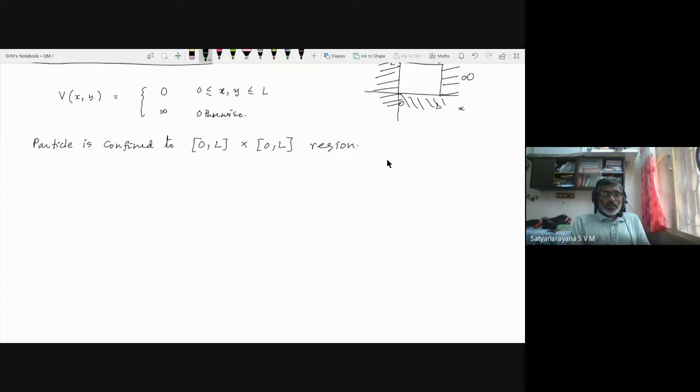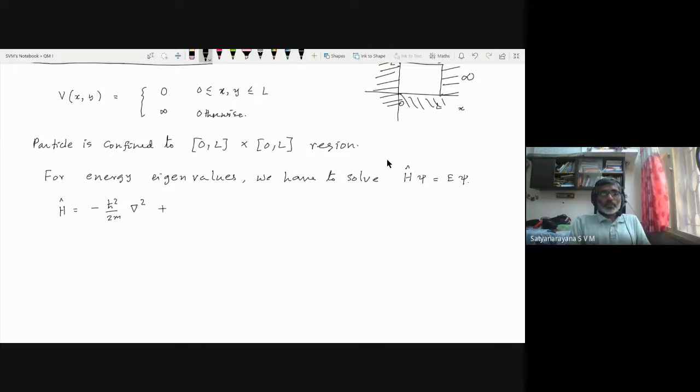For energy eigenvalues, we have to solve this equation, H psi is equal to E psi, where the Hamiltonian is given by minus h bar square by 2m times the kinetic energy operator del square plus V. In this case, it will be V of x comma y. So this is the Hamiltonian.